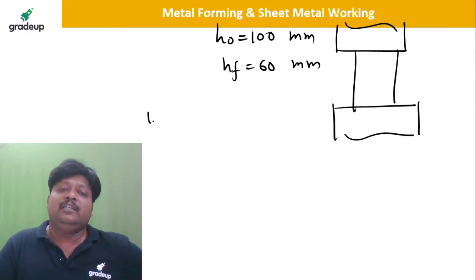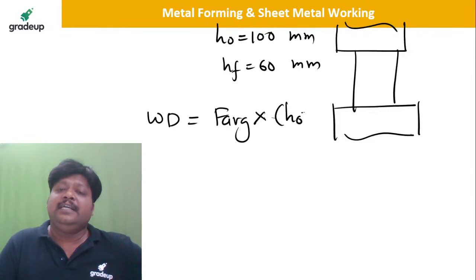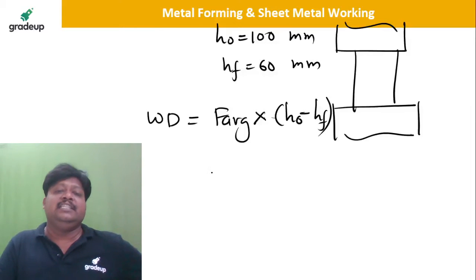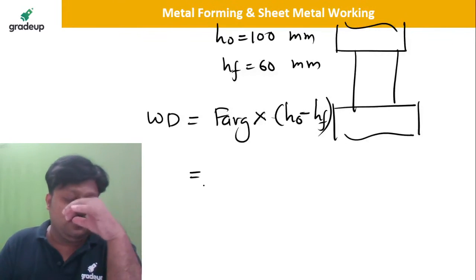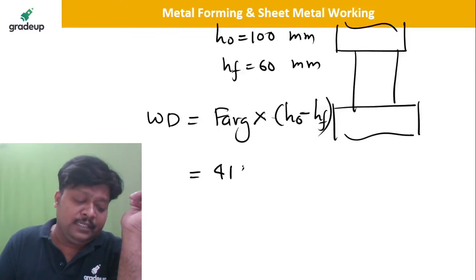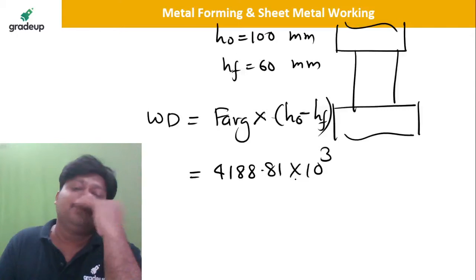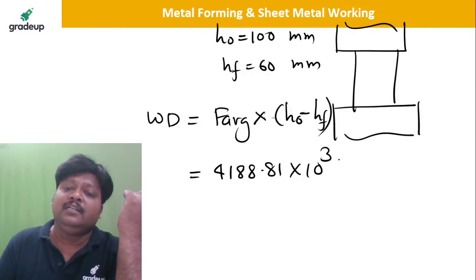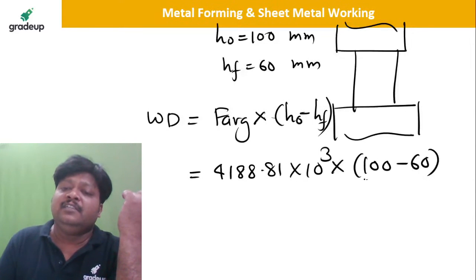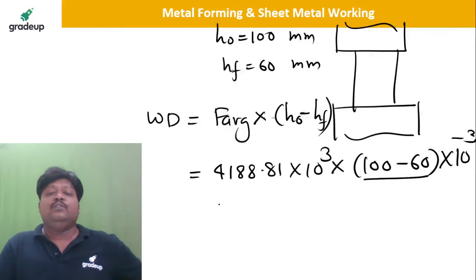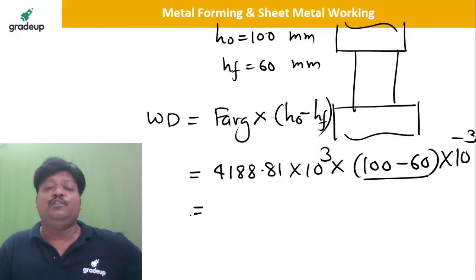So definitely the work done you can calculate. Work done is equal to the average force into the change in height, H0 minus HF. So the force is 4188.81 into 10 to the power 3, because it is in kilonewton, into 100 minus 60. These are millimeters, so into 10 to the power minus 3 meter, so that I get work in terms of joule, Newton meter.